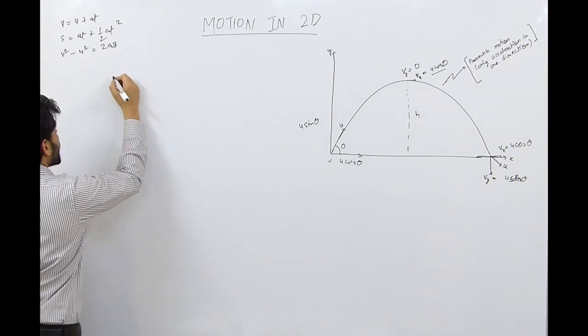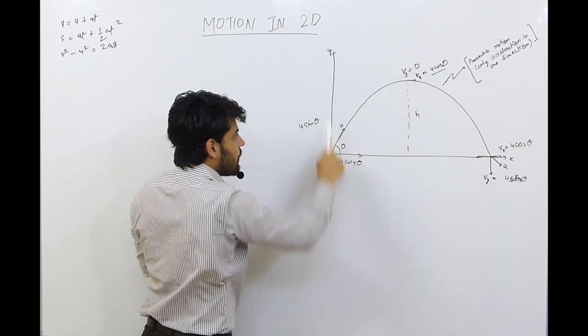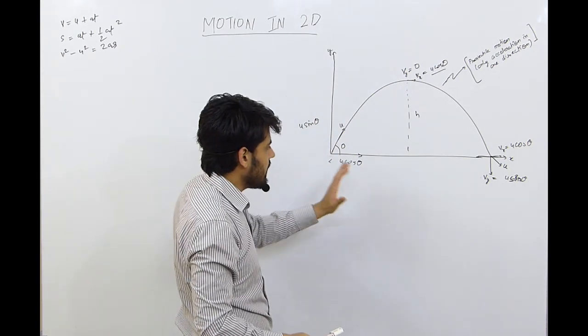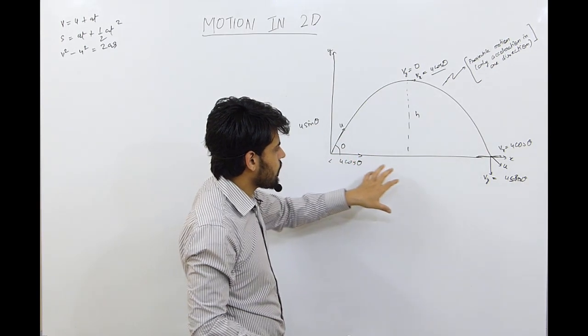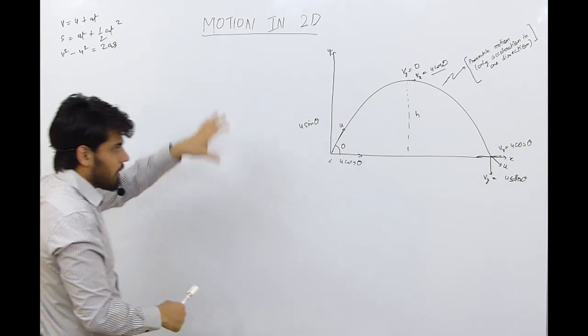Okay, so here the final velocity at this point is 0, the vertical component. We will only consider the y-axis component of velocity because in the x direction there is no acceleration. So the x component of velocity will not change the height of this object.